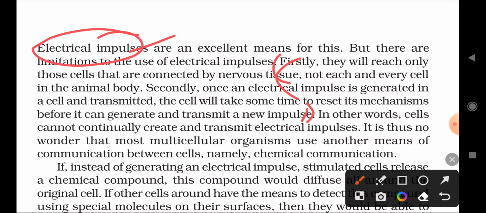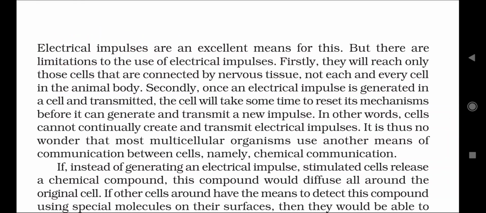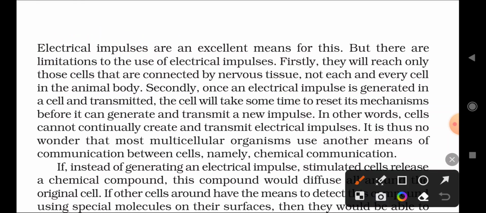By releasing some chemicals in the body, in a cell or a tissue, information is transferred more efficiently compared to the electrical impulse. This is also important. If they ask which secondary method is used by animals to communicate, you can write chemical communication. In other words, cells cannot continuously create and transmit an electrical impulse.